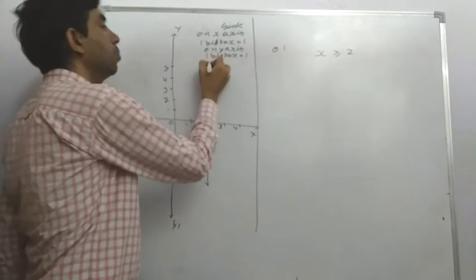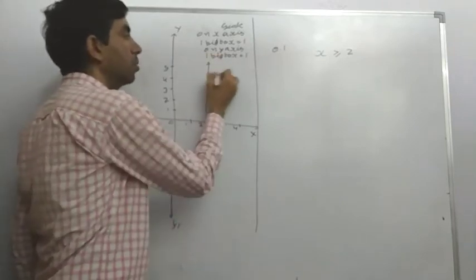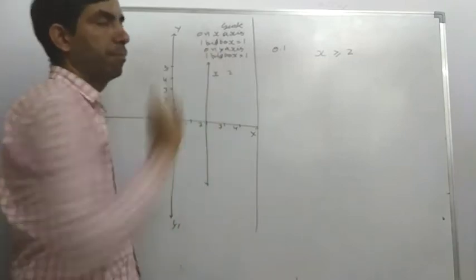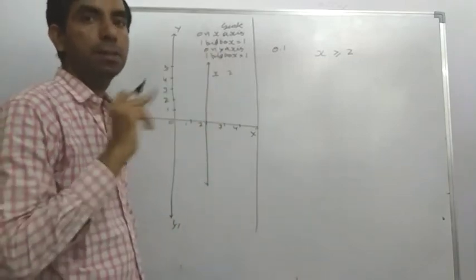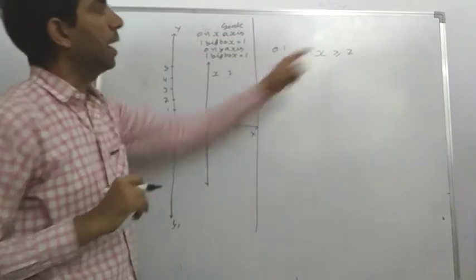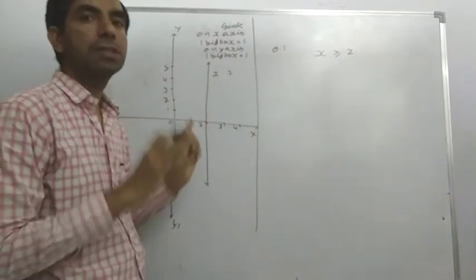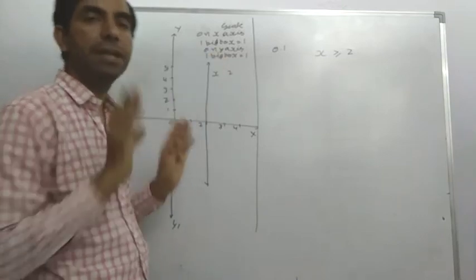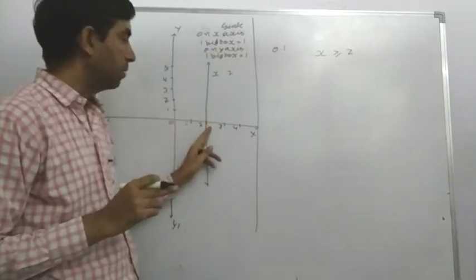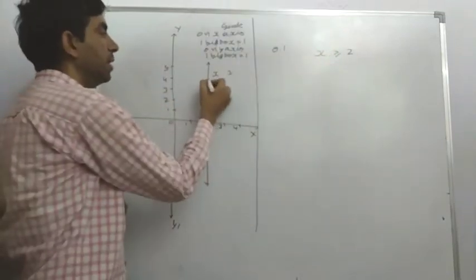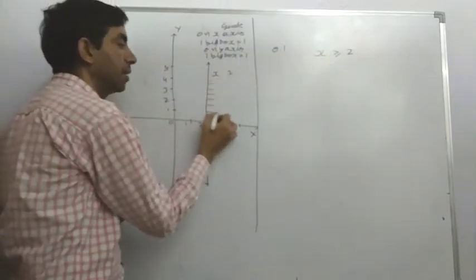It is easy to mark x equal to 2, but in the shaded system in which side do we shade? Here the x value is greater than. Greater than means we shade the part where the x value is greater. Here the x value is less on the left side and greater on the right side. So we shade it on the right side.